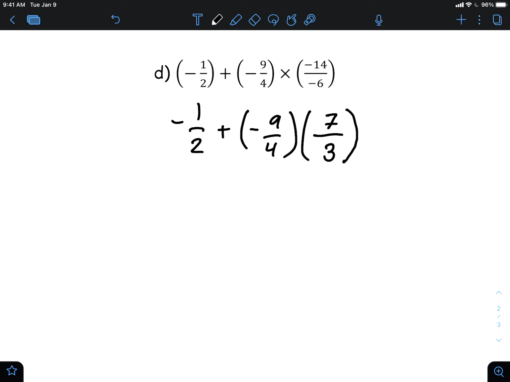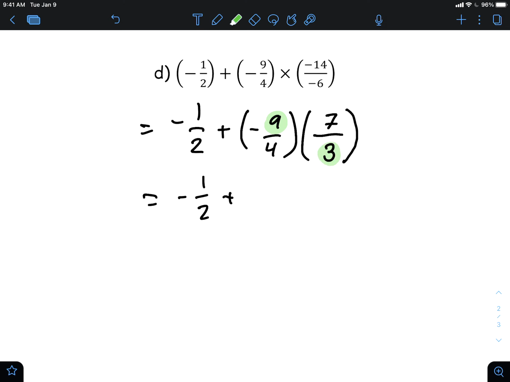So now we need to do the multiplication. That's going to be the first thing that comes in our order of operations. So we've got minus 1/2 plus, and yeah, we could just do this straight up, or we could try and do a simplification.